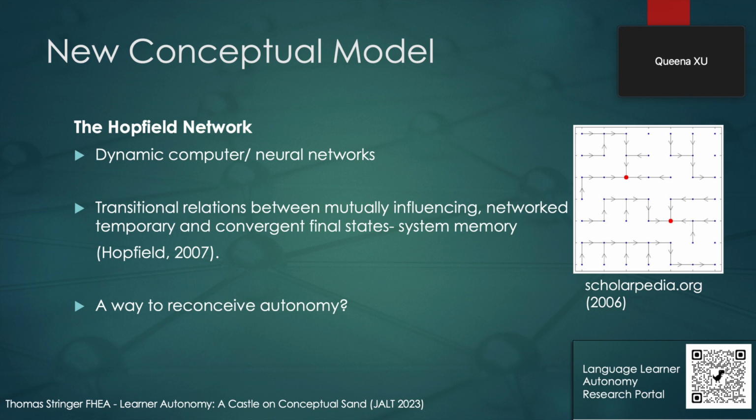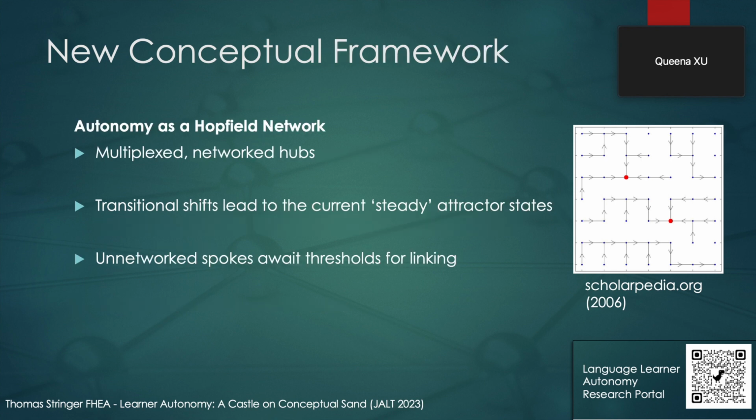And these final states are kind of like the steady state conditions, right? The attractor states, and they represent the memory of a system. Of course, this kind of static diagram that you can see on the screen could only ever capture a snapshot of such a system, but it possibly suggests one way to reconceive autonomy.